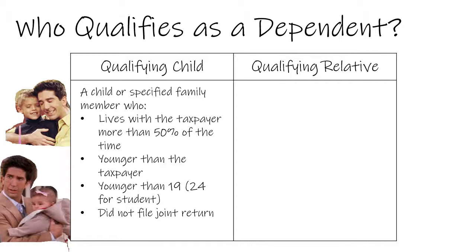So this means that either way, if Ross has primary custody of Ben or Emma, he can claim them as a qualifying child and earn head of household status. If Rachel or if Susan has primary custody of the child, Ross cannot claim them as a dependent on his return. But Ross may be able to claim a qualifying relative on his return.